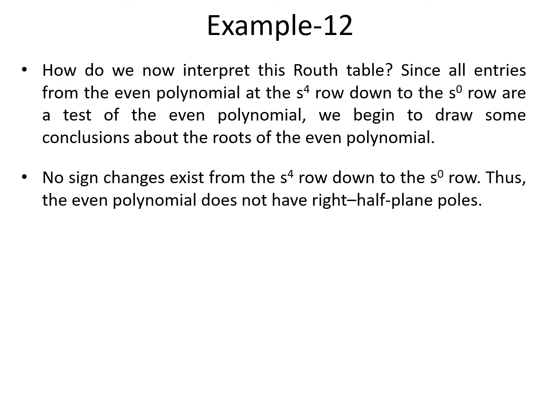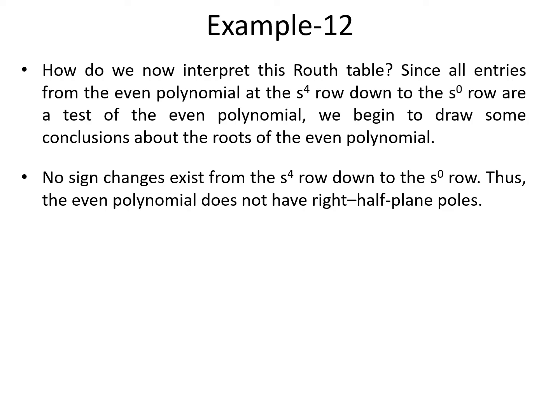So the main thing that we have to remember here is how we interpret the Routh table. Since all the entries from the even polynomial at the s to the power 4 row down to s to the power 0 are a test of the even polynomial, we begin to draw some conclusions about the roots of the even polynomial, that is, no sign changes exist from the s to the power 4 row to s to the power 0.